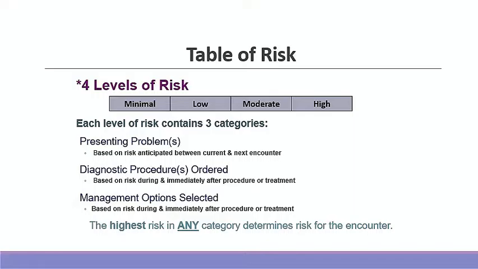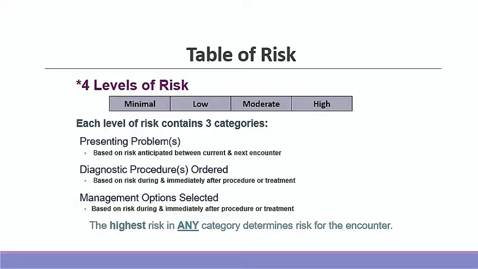Within the table, there are 3 categories: presenting problems, which is based on the risk anticipated between the present encounter and the next encounter; diagnostic procedures ordered, which is measured by the risk during and immediately following the diagnostic study; and the last category is management options, which is based on the risk during and immediately after the treatment.